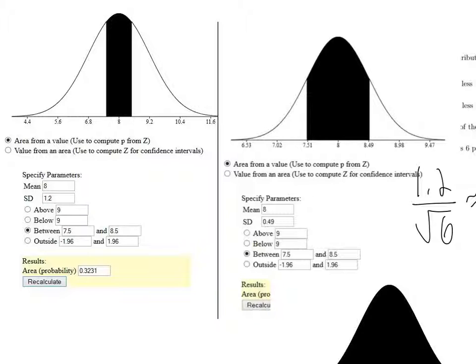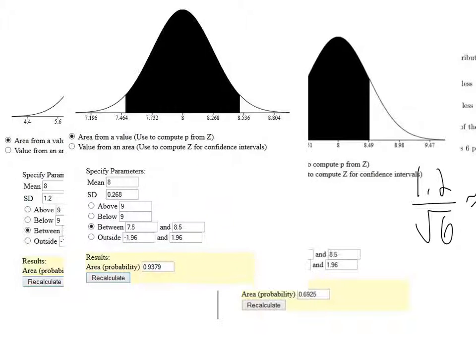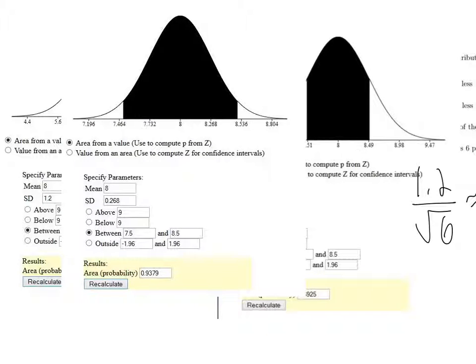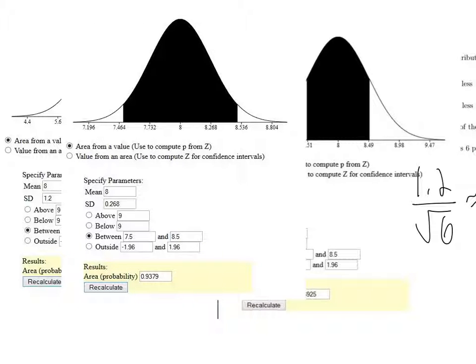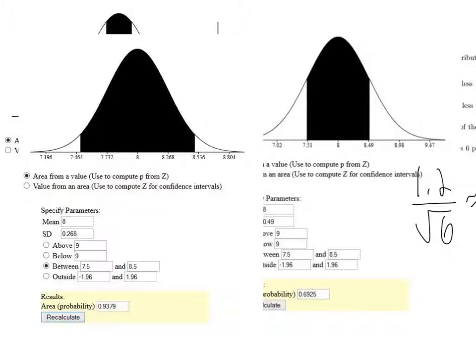Now what if we go with a larger sample size? A sample size of 20. Almost all those samples of size 20 will have an average between 7.5 and 8.5, and you can see that. Also look at the spread here. What do we add here with a sample size of 4?